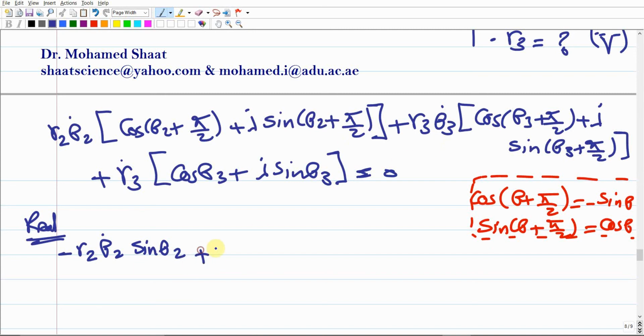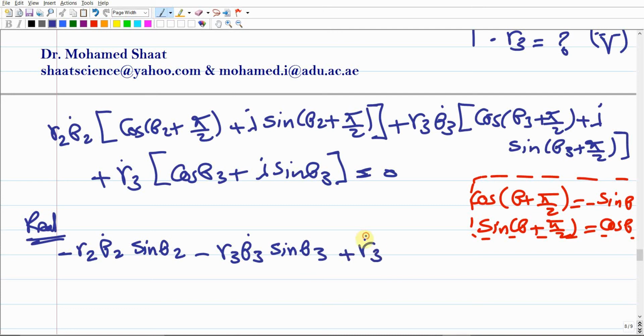Plus the R3 term: basically it's going to be negative R3 theta 3 dot sine theta 3, because the cosine of theta 3 plus pi over 2 gives negative sine theta 3. Then I skip the imaginary term.